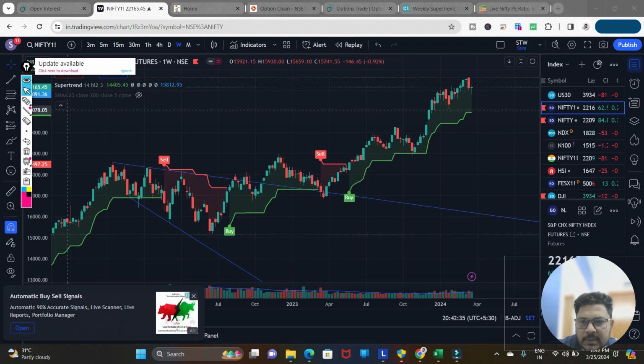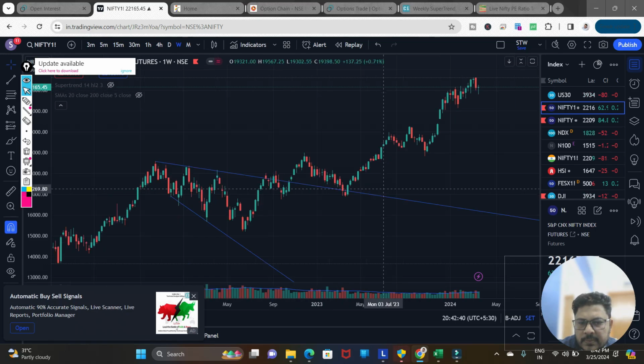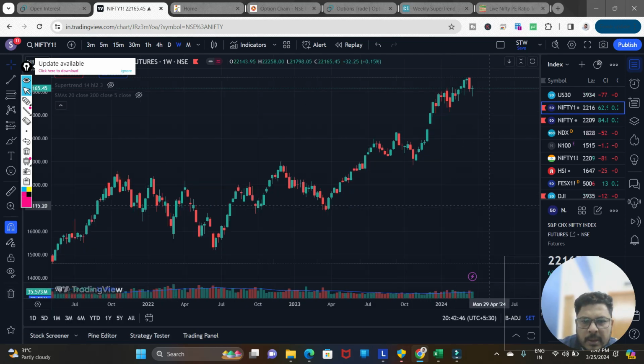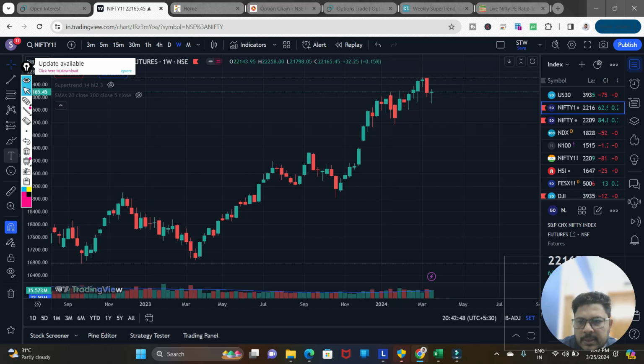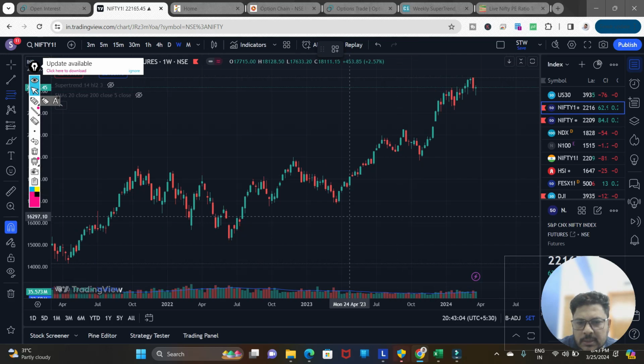So now let's take out all these super trends and all, and try to see with our basic candlestick patterns, and understand how we can gauge what is the potential level till where Nifty can come if there is any volatility in the market because of elections. So I'm going to use a tool called Fibonacci retracement. So this was the latest swing.